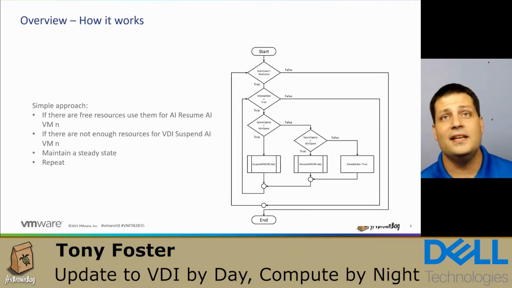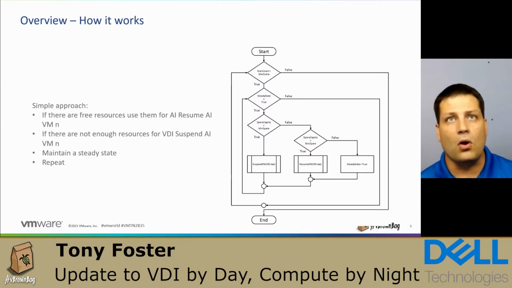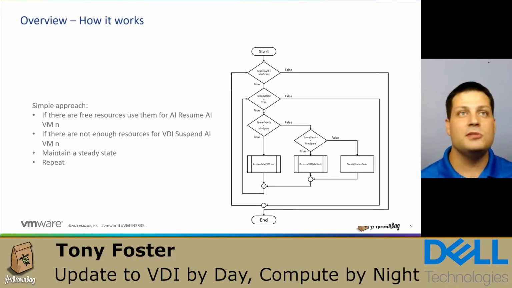So an overall idea of how it works is really 3 or 4 logic loops to basically see if there are resources available for AI. If there are, then we need to power on a virtual machine. If there are not, then we're either at a steady state and our resources are balanced between VDI and our other workload, probably AI, or there's about to be contention for our AI resources.